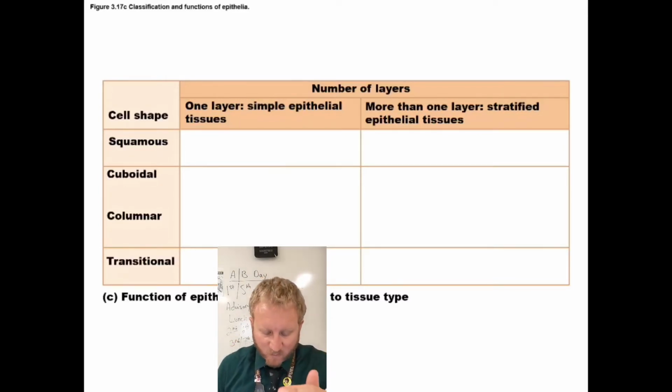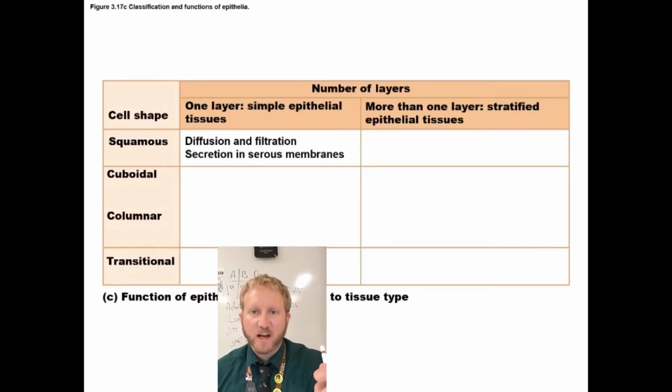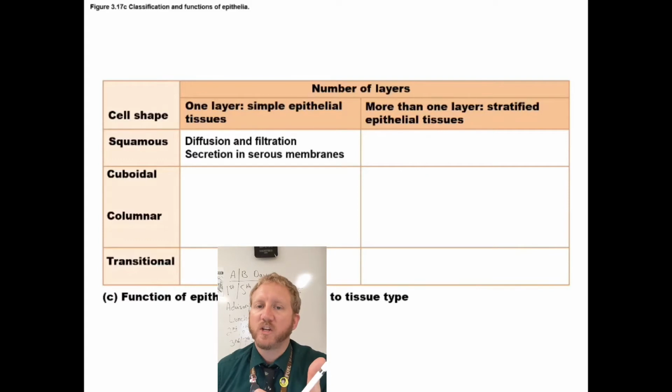So if we have simple squamous epithelial tissue, that means one layer of very thin scale-like cells. You're typically going to find those in places where diffusion and filtration have to take place, your kidneys, your small intestine, or secretion in serous membranes.